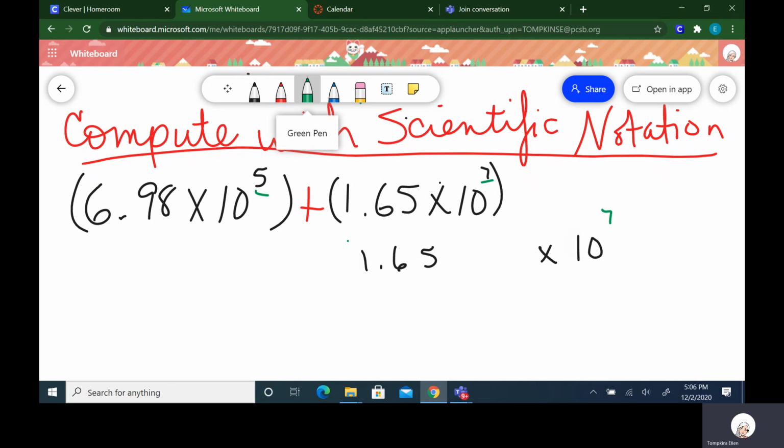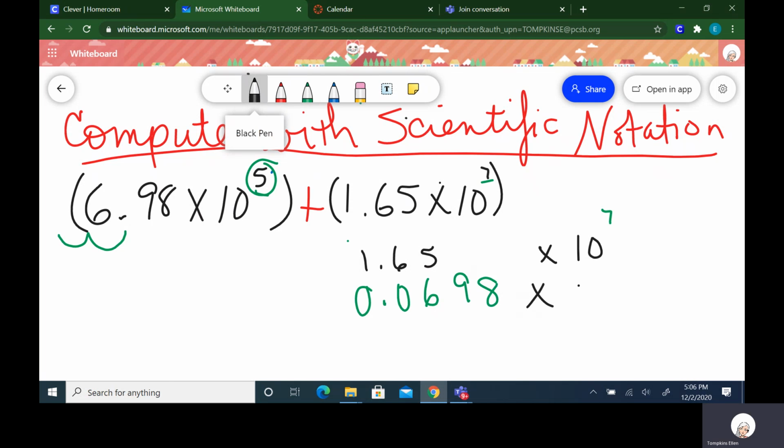And I've pushed it apart for a reason. So let's look here. I need this 5 to become a 7. So I'm going to add 2 to it. That means this decimal needs to move twice. So it's going to be 0.0698 times 10 to the 7th.